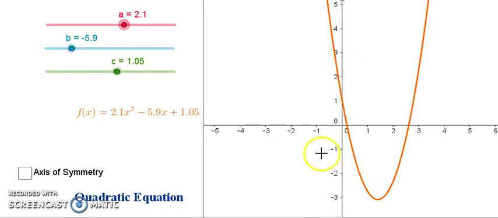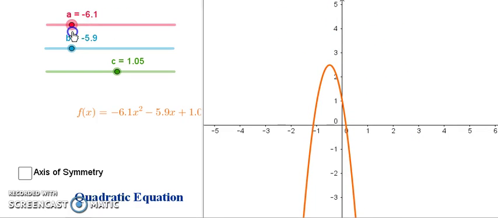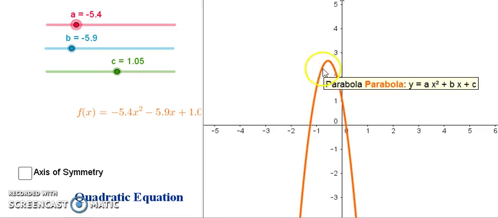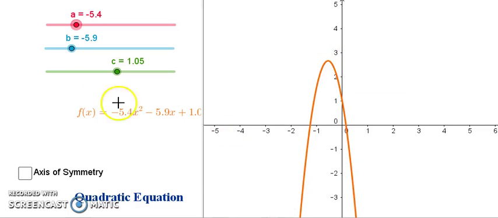Where the range depends on the vertex. So the range will only be from the vertex to infinity if the parabola opens up. If the parabola opens downward, the range would be from negative infinity to the vertex. So the y values.